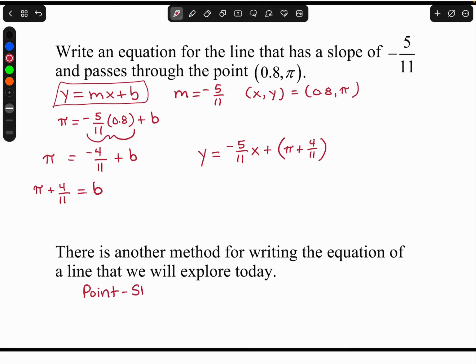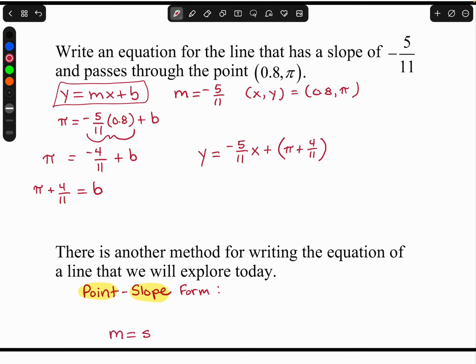And that is what we call the point-slope form. Point-slope form of a line works really well when you have what two things? Well, when you have a point and a slope. So point-slope form is called point-slope form because that's when it's most useful, when you have a point and a slope.